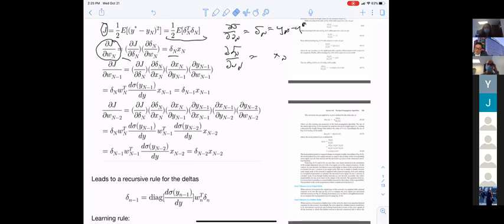So what happens here is you have yn equals Wn xn. If we take the derivative of delta n with respect to Wn, we get just xn out of it, and that term shows up here. And this is LMS. That is the LMS rule.